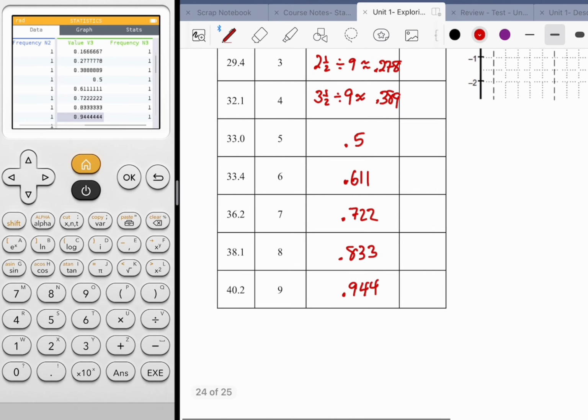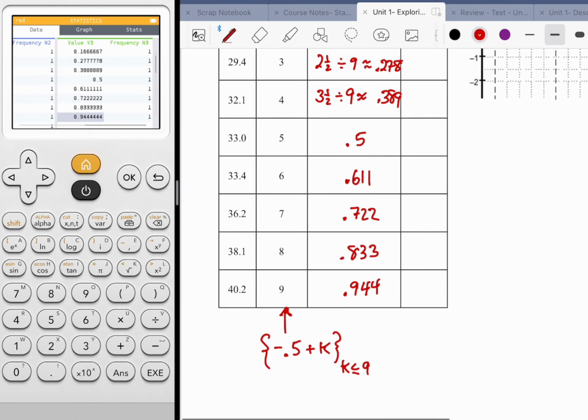So we got this by doing negative 0.5 plus k on the interval of 1 to 9, so k is less than or equal to 9. And then for this one, we took that expression and divided it by 9. Same as the previous one, just divide by 9.